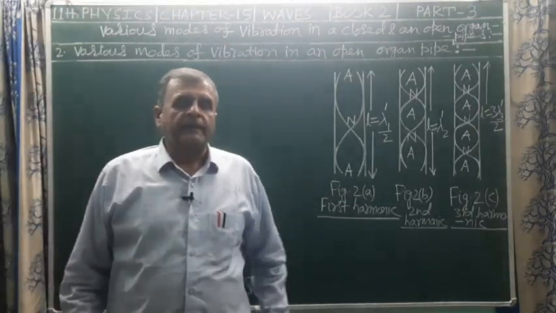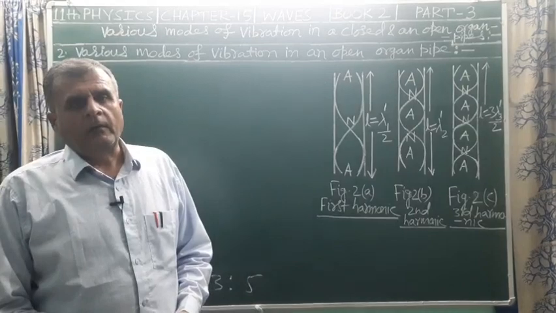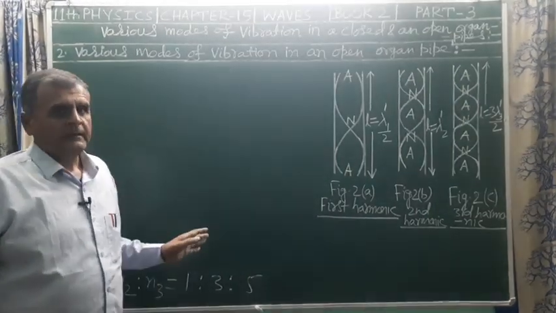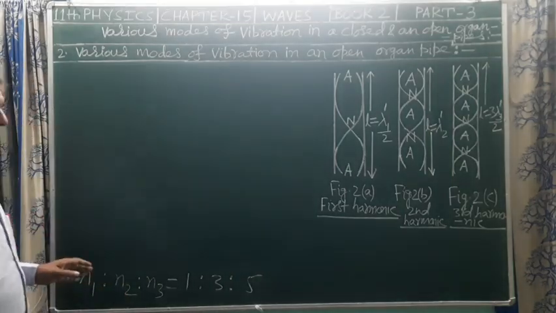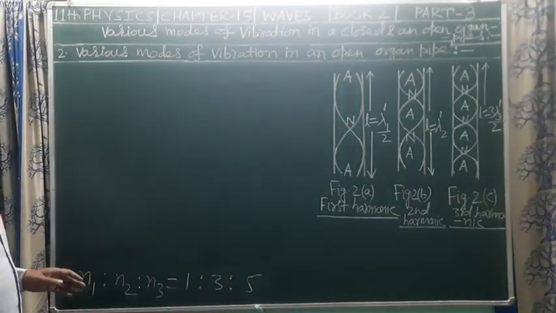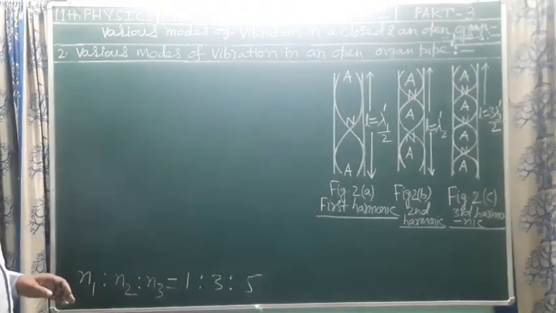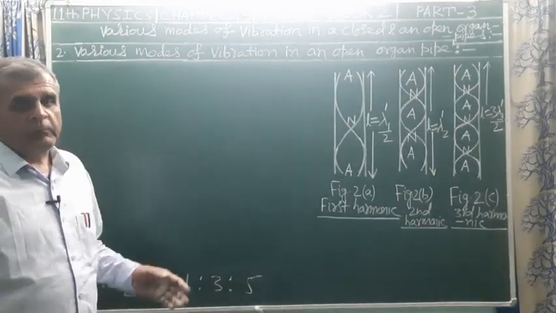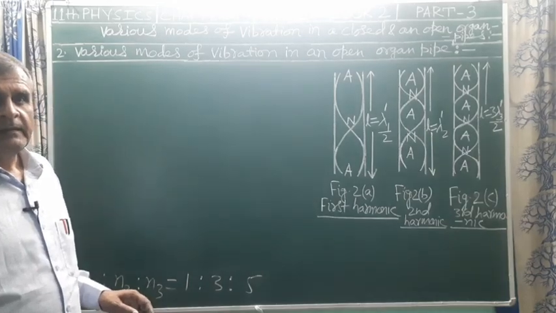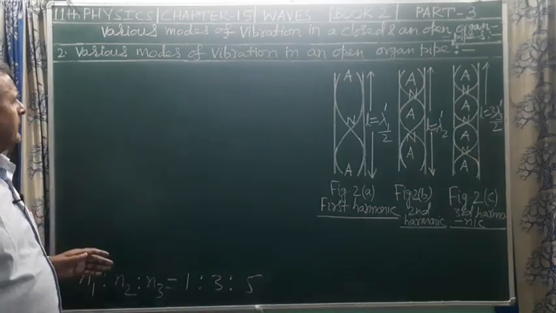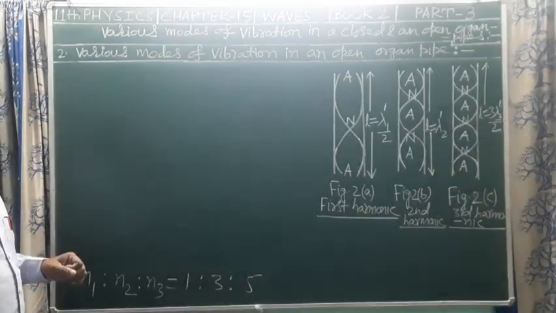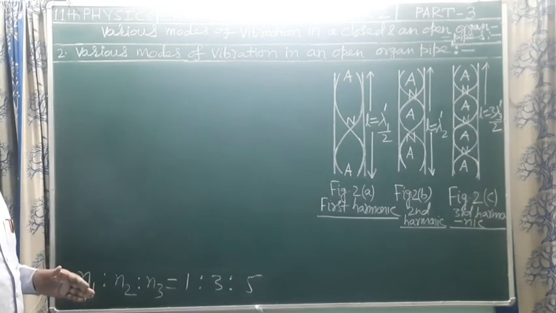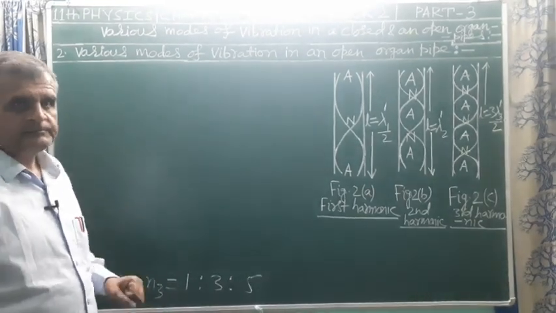जैसा कि हम लोगों ने किसी क्लोज्ड ऑर्गन पाइप के डिफरेंट मोड्स ऑफ वाइब्रेशन में यह देखा कि किसी क्लोज्ड ऑर्गन पाइप में केवल ऑड हार्मोनिक्स ही प्रोड्यूस्ड होते हैं, जिसके कारण किसी क्लोज्ड ऑर्गन पाइप से प्रोड्यूस्ड होने वाला साउंड मेलोडियस नहीं होता है.